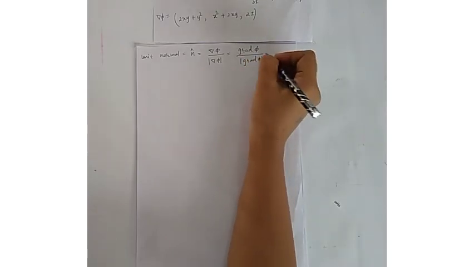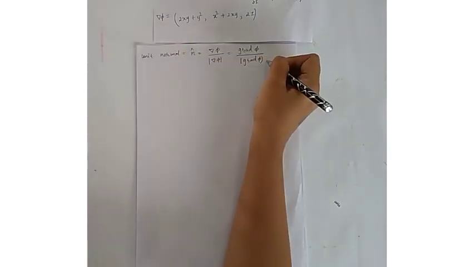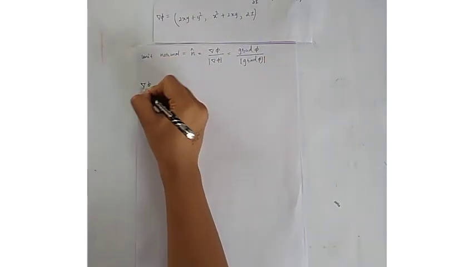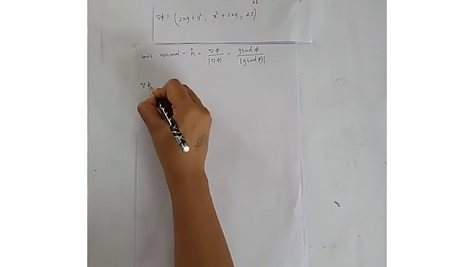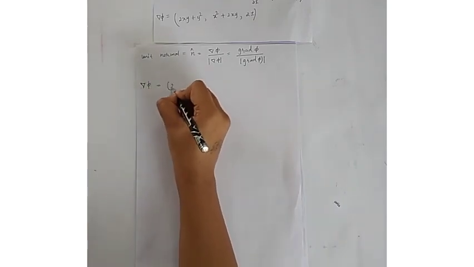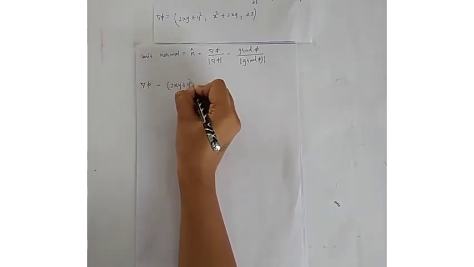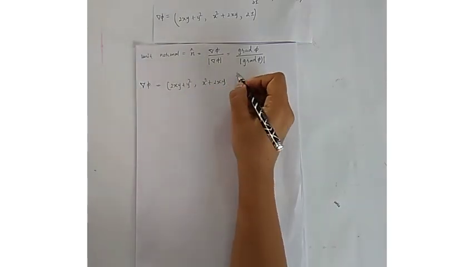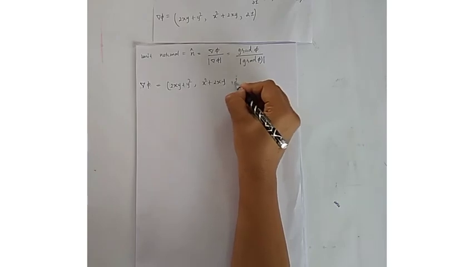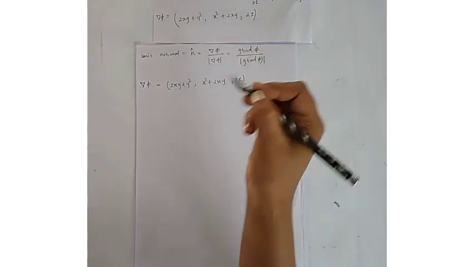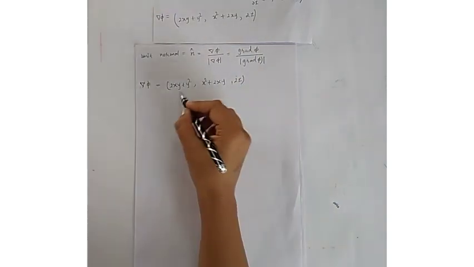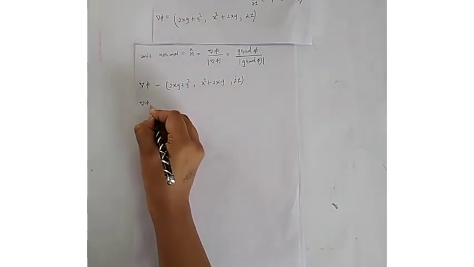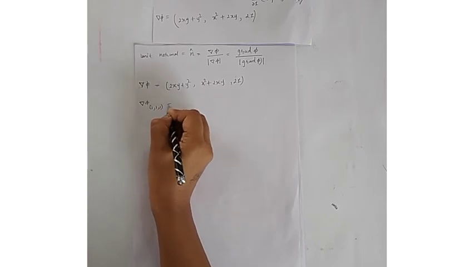Here we have to find this unit normal at point (1, 1, 1). So for that I have the value of gradient phi as 2xy plus y square, x square plus 2xy, and 2z. Now I am finding this vector at point (1, 1, 1).